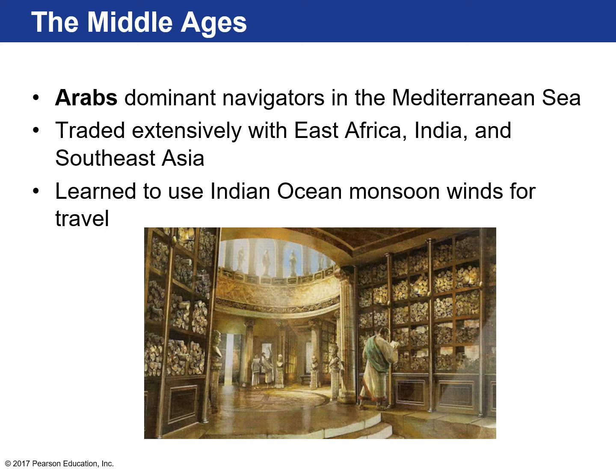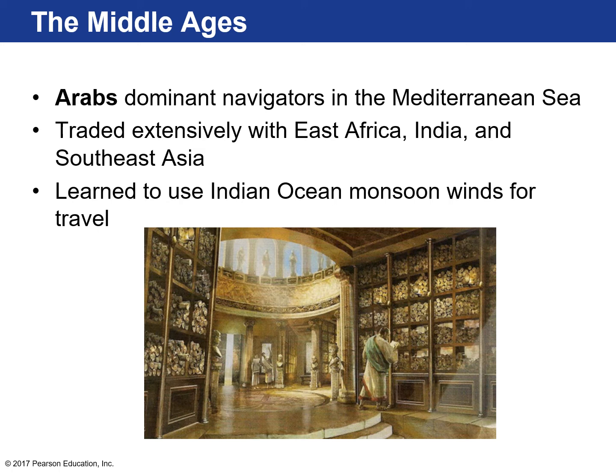All of that precious information was lost, and the Western Hemisphere dipped into the Dark Ages. But a few Arab scholars actually copied a lot of the information from the Library of Alexandria, and they took that with them. And then they used that knowledge and became the dominant navigators in the Mediterranean Sea.